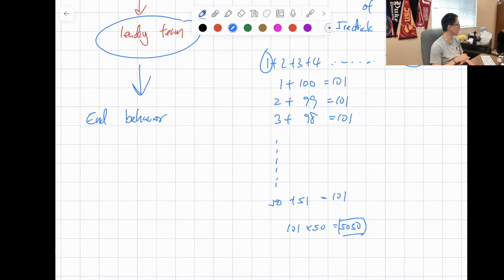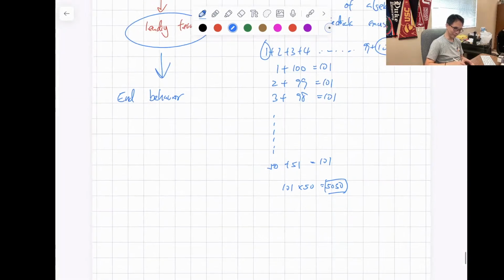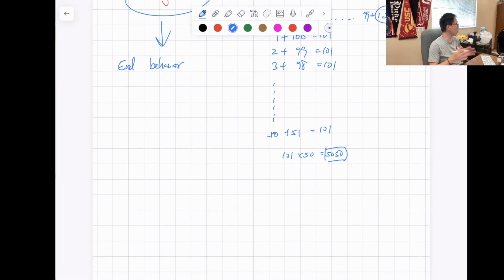Okay, good. Sydney? Did you raise your hand? No? I thought you did. End behavior is what happens at the end, and how they behave. Are they going to go up or are they going to go down?